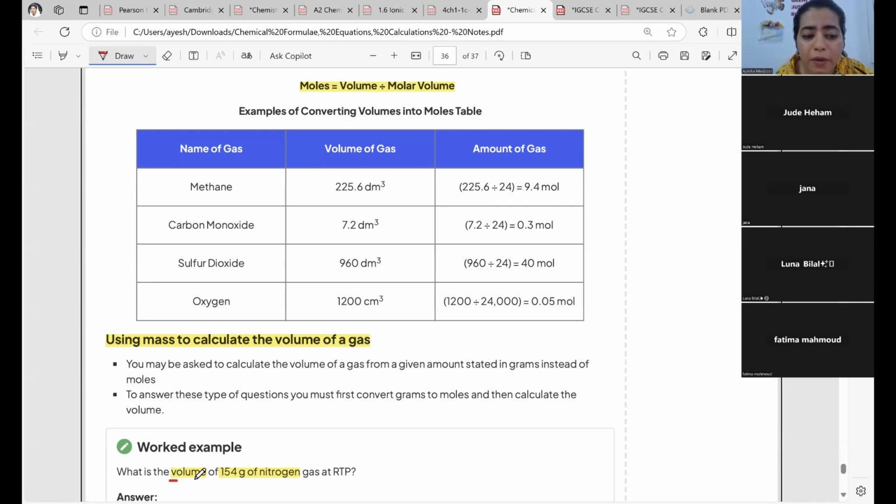What is the volume of 154 grams of nitrogen gas at RTP? Grams of nitrogen is given and we need to find volume. So first of all, what will be the formula that we can use here?